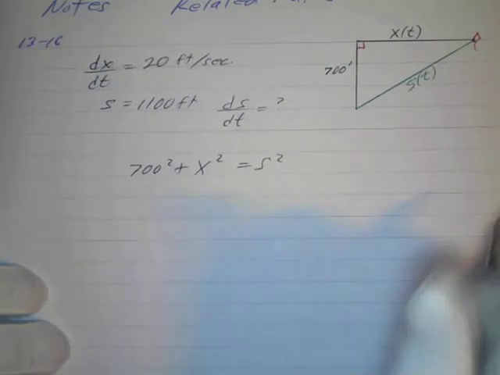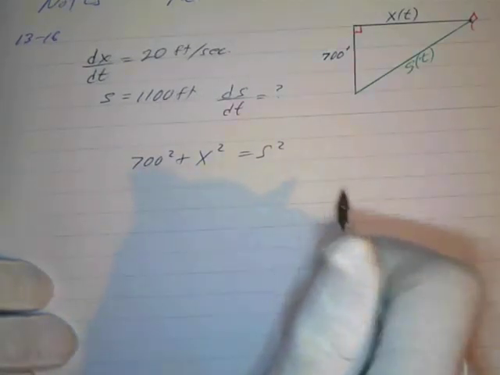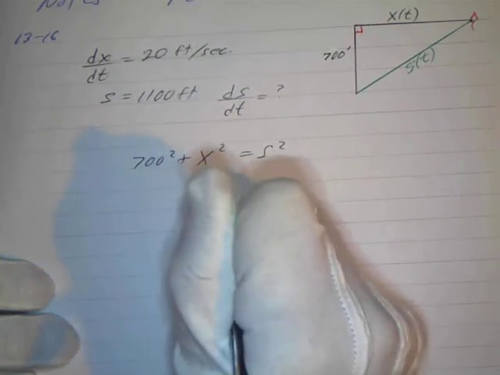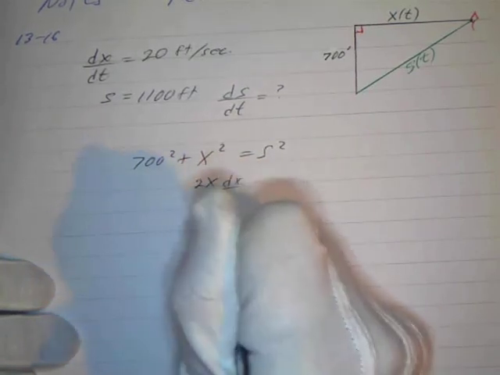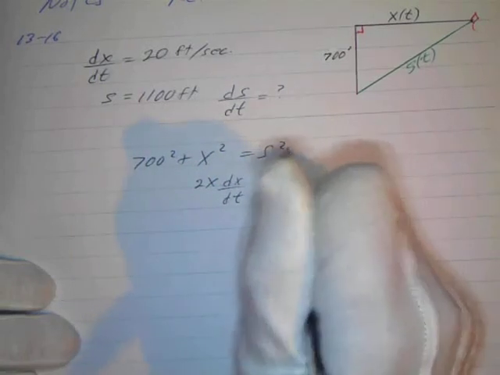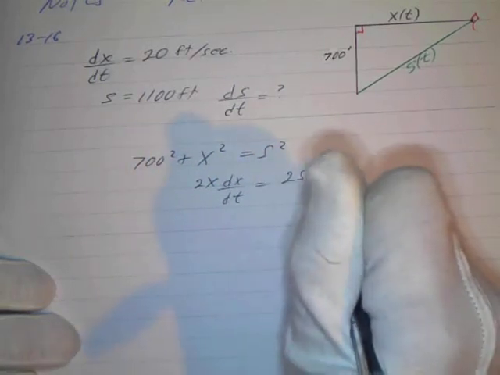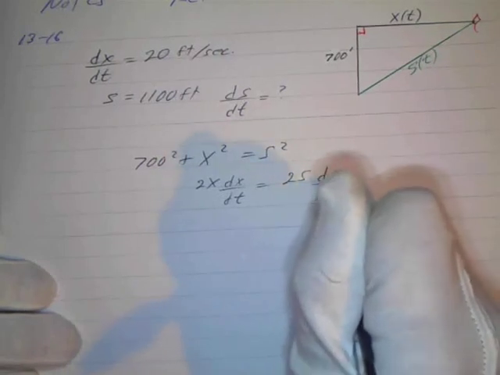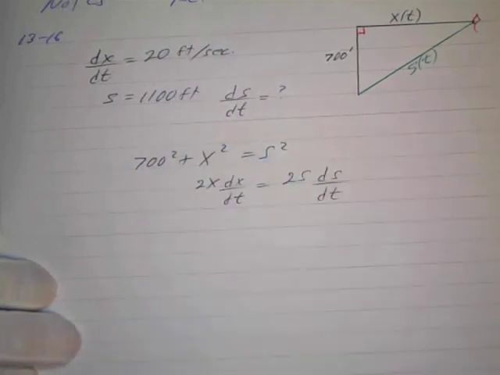If we take the derivative, it's very similar to the airplane problem. 2x dx/dt, because we're taking the derivative with respect to time, implicitly, equals 2s, that's the power rule, and then ds/dt, implicit differentiation with the chain rule.